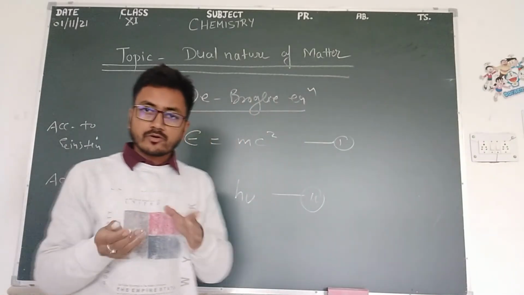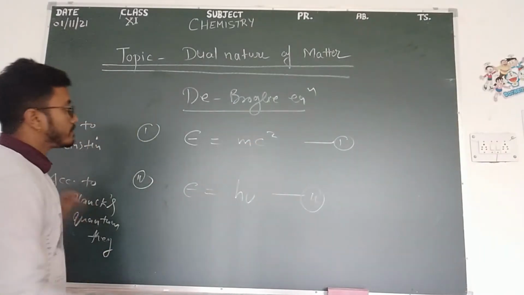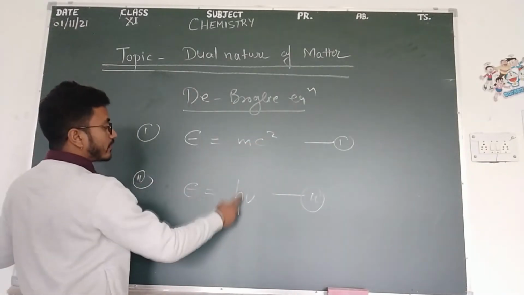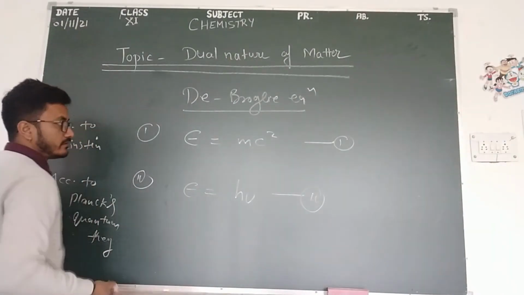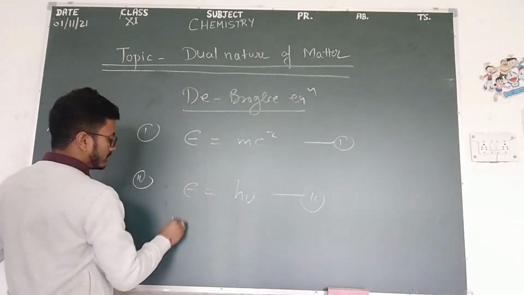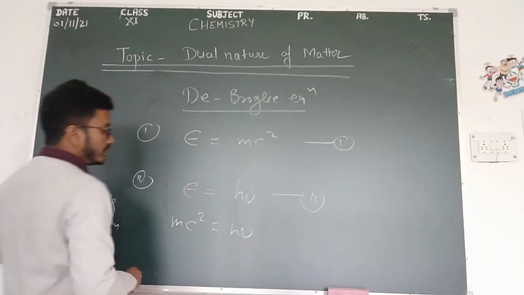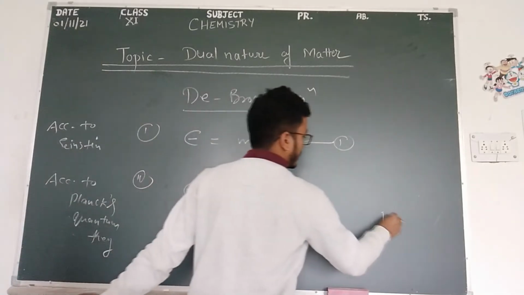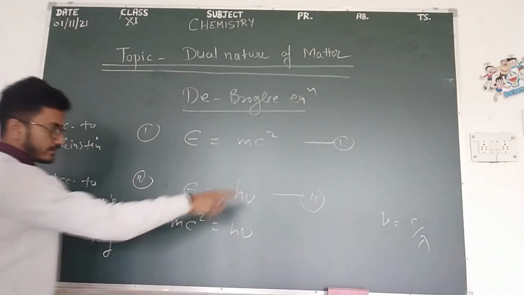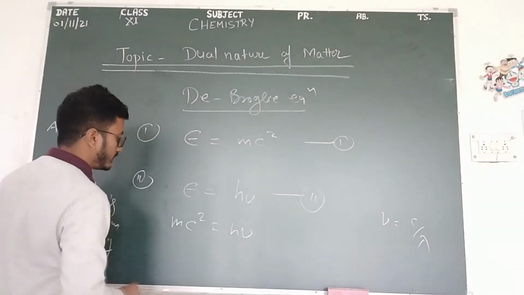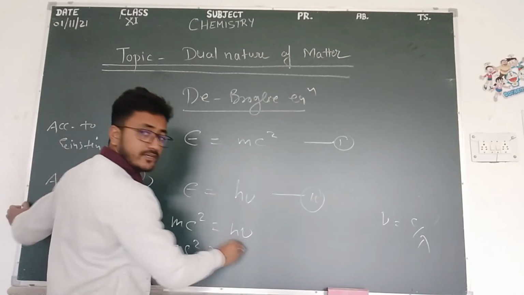Now I am going to combine these two equations. Combining equations 1 and 2, we have mc square equal to h nu, because the left hand side is equal, so the right hand sides will also be equal. And you know that nu equals c over lambda, the relation between nu and lambda.